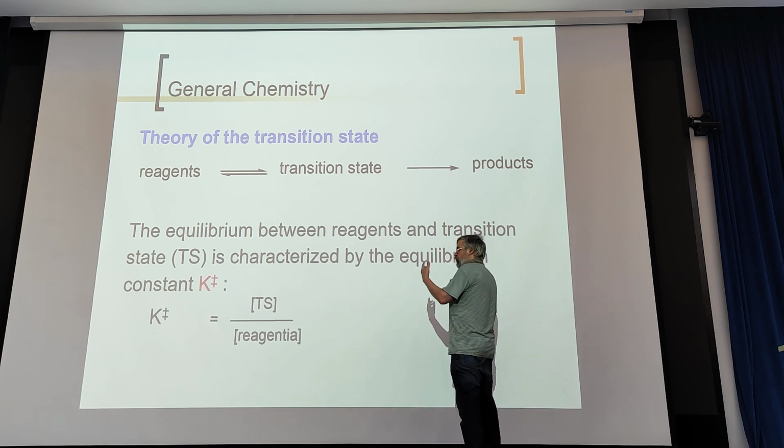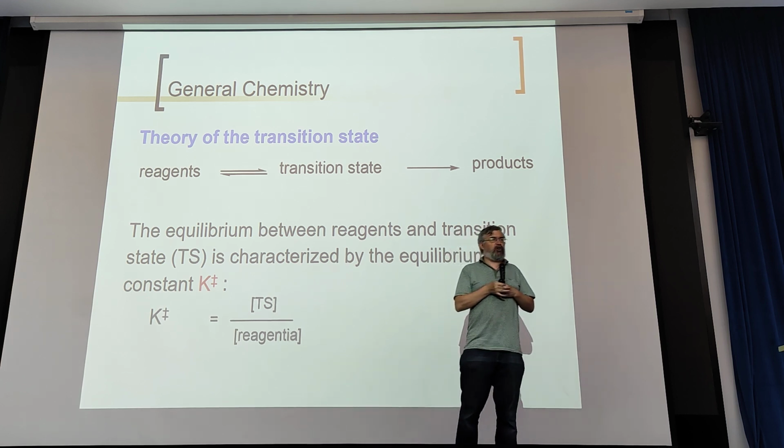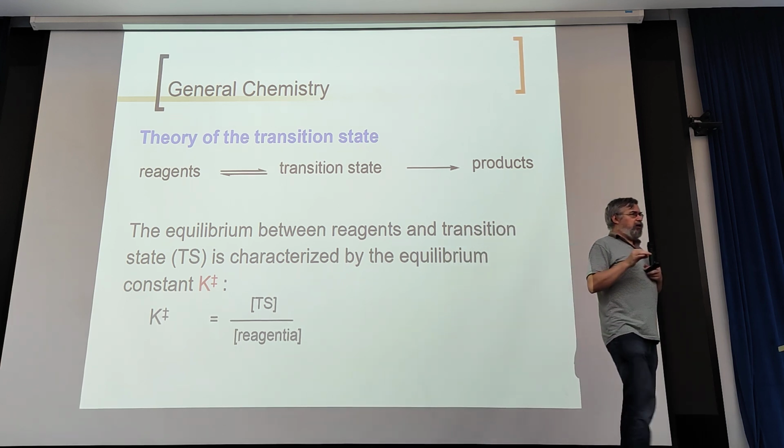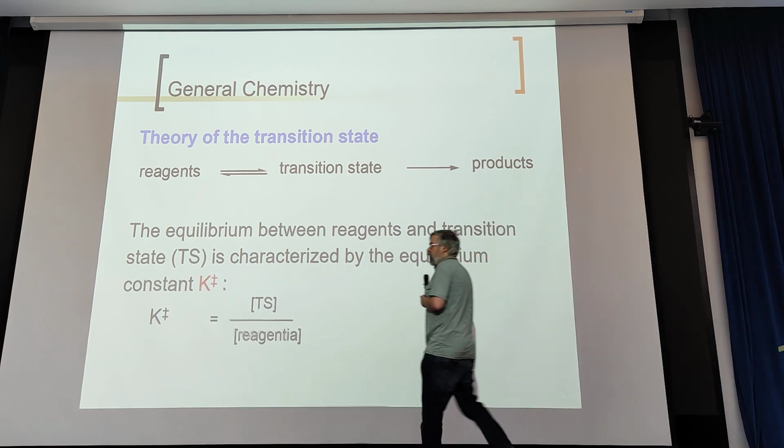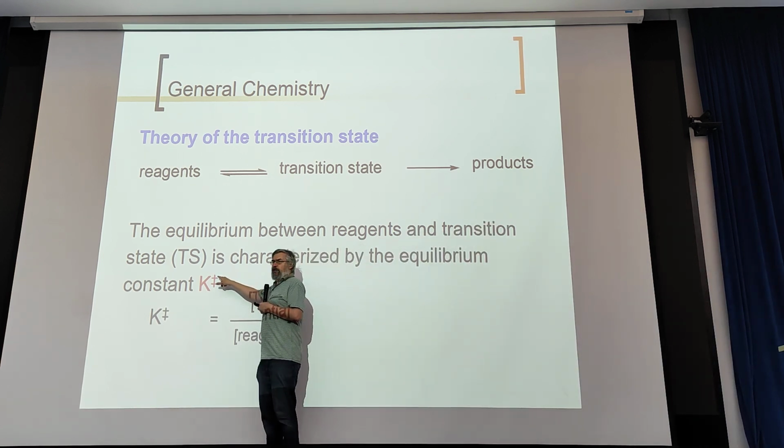An equilibrium, which will be explained much better next time, also has an equilibrium constant, large K. This double cross here is just a notation to indicate that we are talking about the transition state.